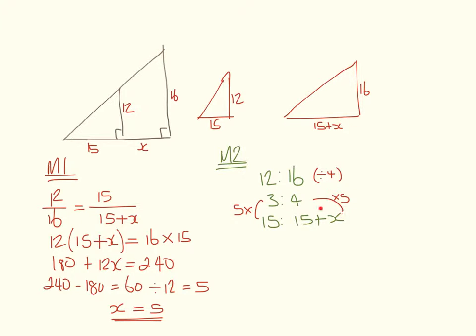So it means that this whole thing here has to equal 20. So now I'm going to say 15 plus x is equal to 20. And then it's just a matter of bringing this 15 to that side, thereby giving me x is equal to 20 take away 15, which is 5.